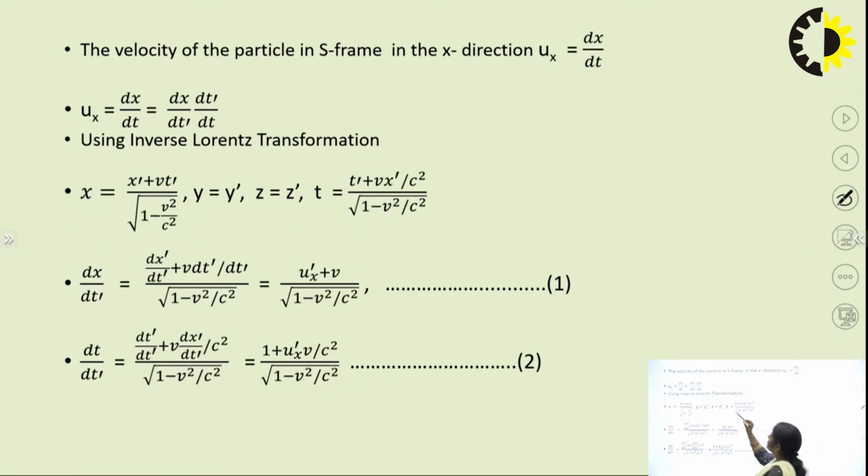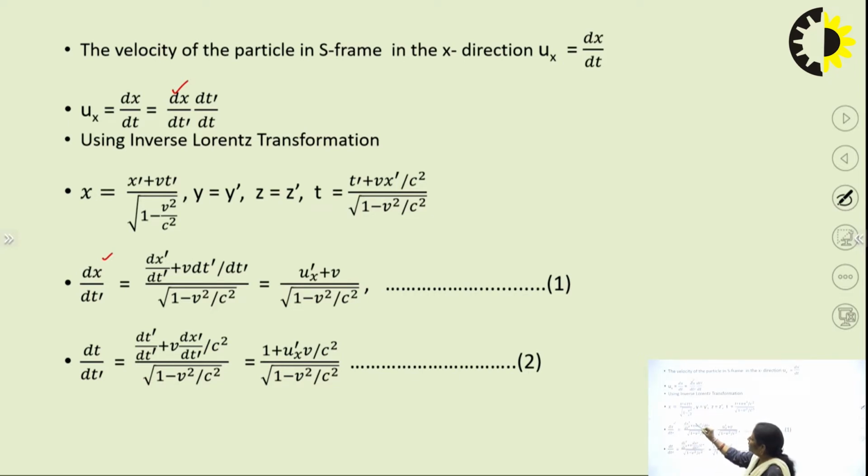We have chosen dx by dt dash, and you can see that this x is having x dash variable and t dash. It is not having the t variable. For the same reason we have written this.